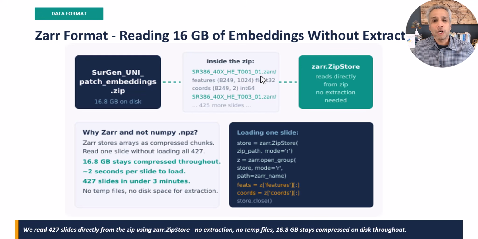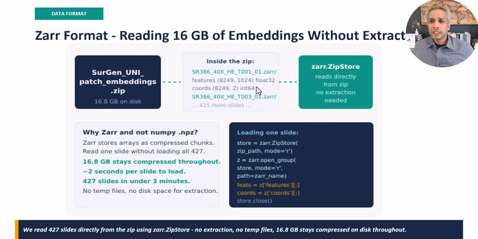And even better, Zarr has a ZipStore backend that reads directly from inside a zip file. Meaning I don't even need to uncompress the zip file and store all the files on disk. I just downloaded this file and I'm accessing these files from within that zip without unzipping anything. So this is another advantage.